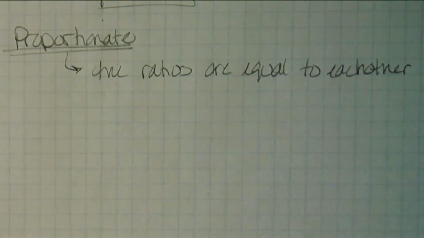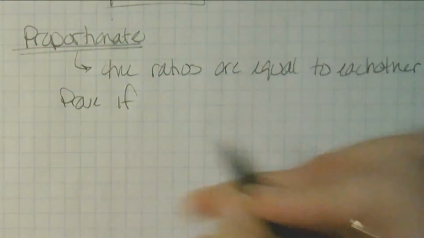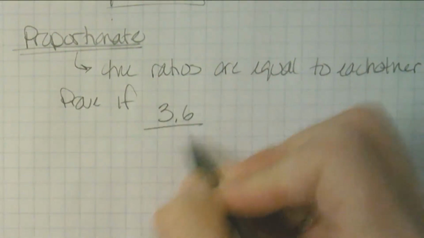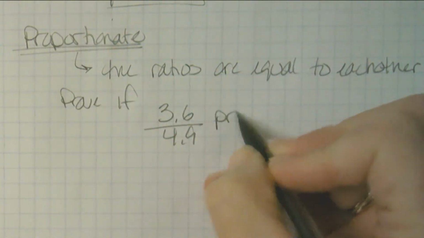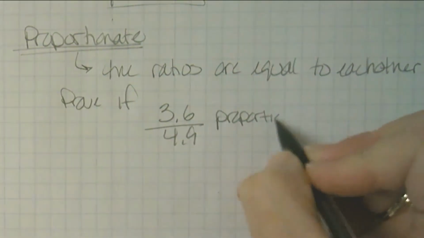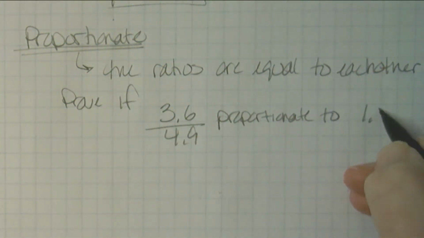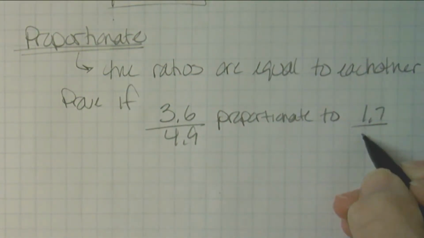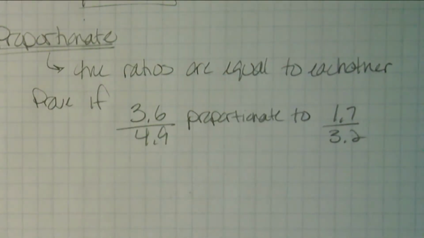So let's prove. I want you guys to prove if 3.6 over 4.9 is proportionate to 1.7 over 3.2. I want you to prove if they are proportionate to each other.